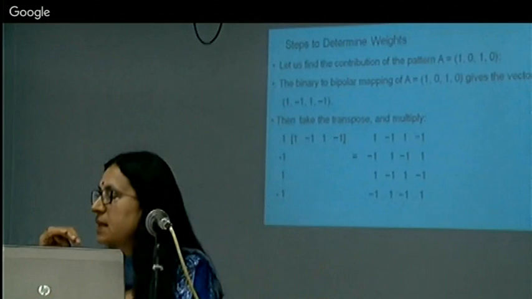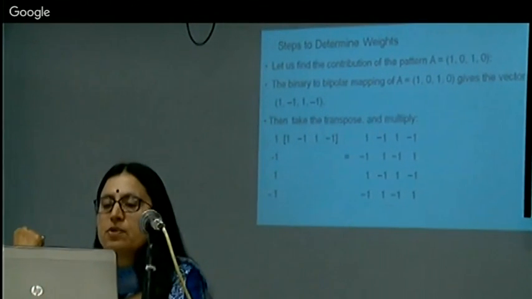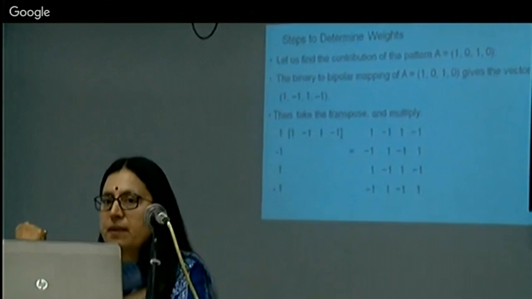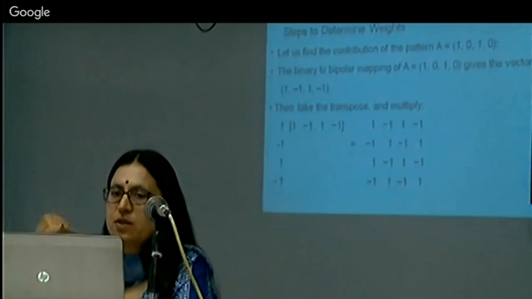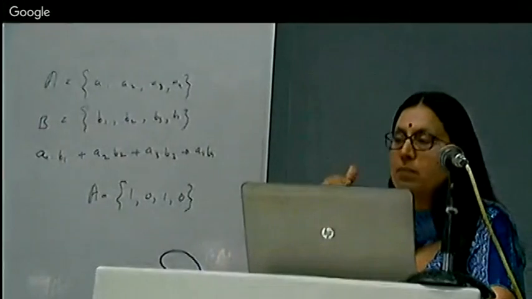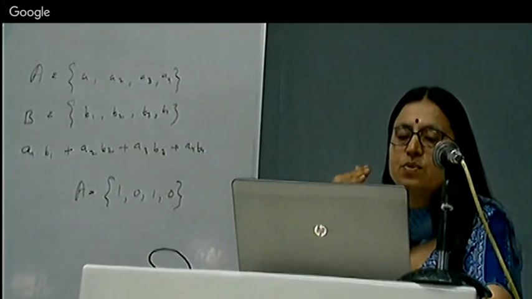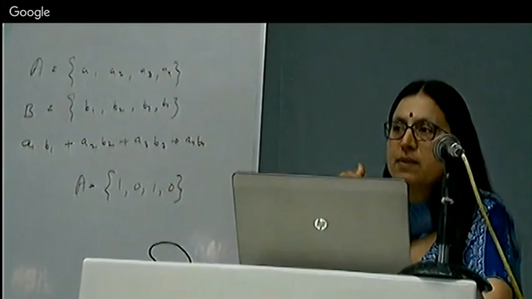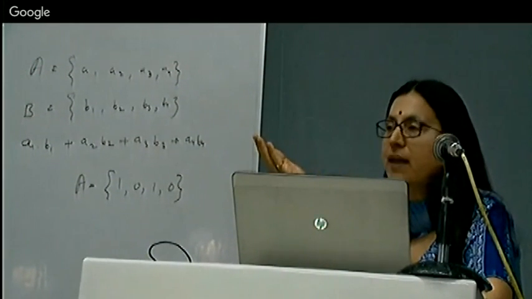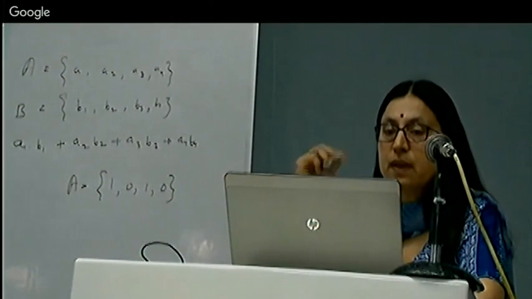Then since the input and the output vector are the same, to determine the contribution of this vector to the weight matrix, we have to take the transpose of this vector and multiply it with itself. When we take the transpose of this vector, it will be a column vector with values 1, -1, 1, -1, and it is to be multiplied with this row vector, which is 1, -1, 1, -1.